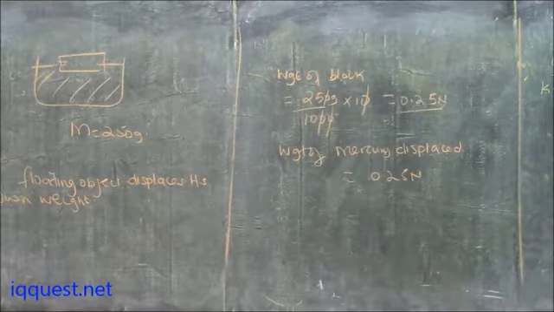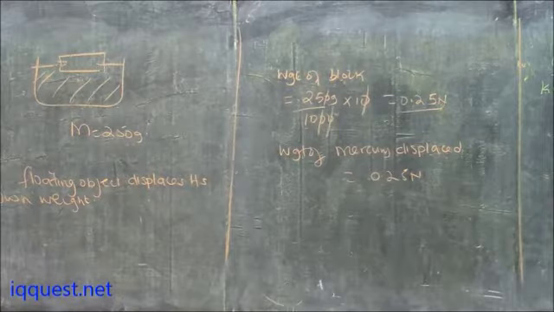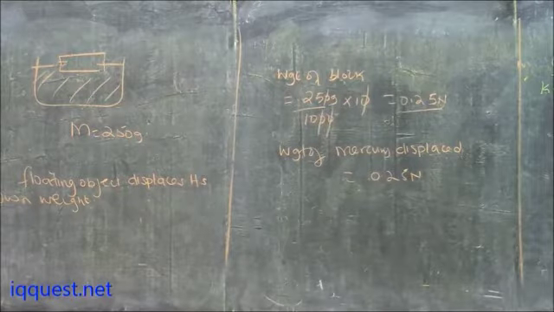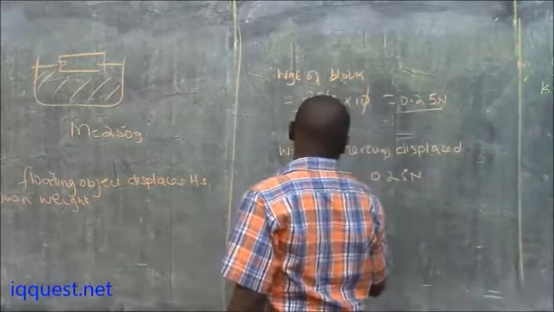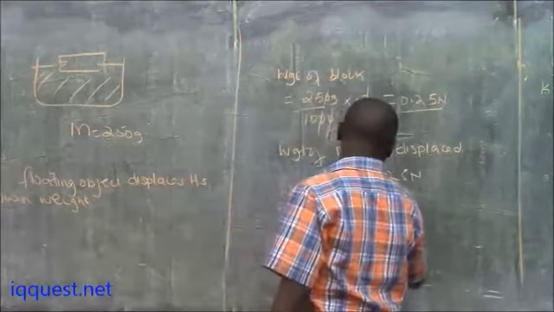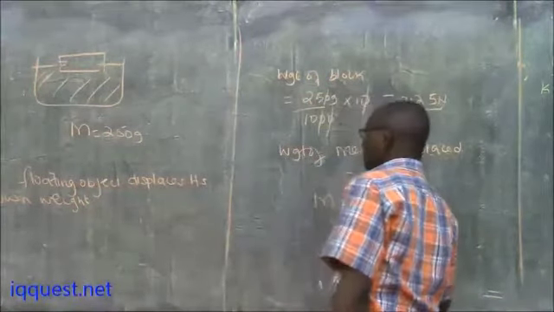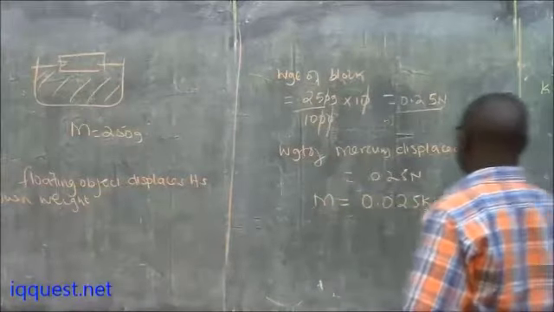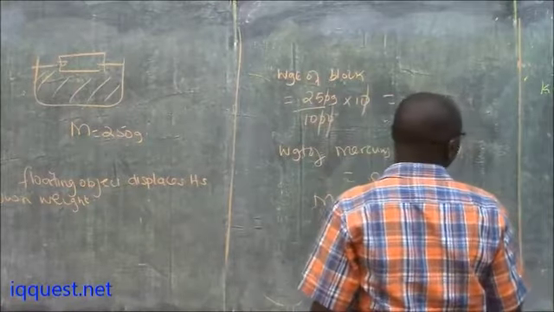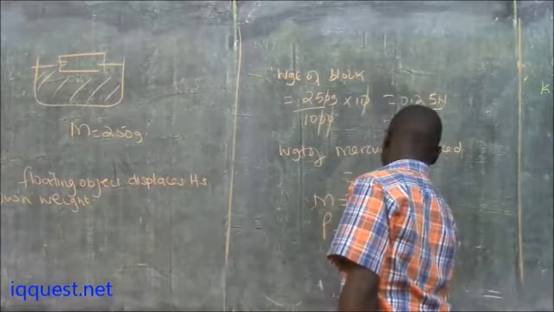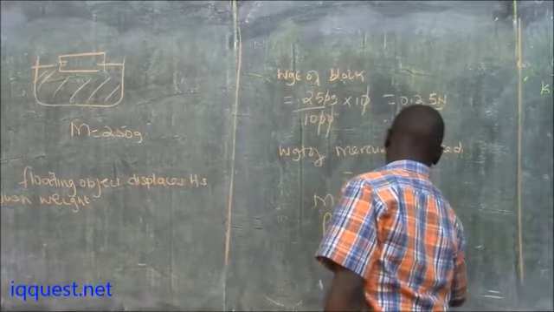So if this is the weight of the mercury displaced, and we have the density of the mercury, we can get the mass of the mercury displaced, which is equal to 0.025 kg, and we have its density. The density is 13,600 kilogram per meter cubic.